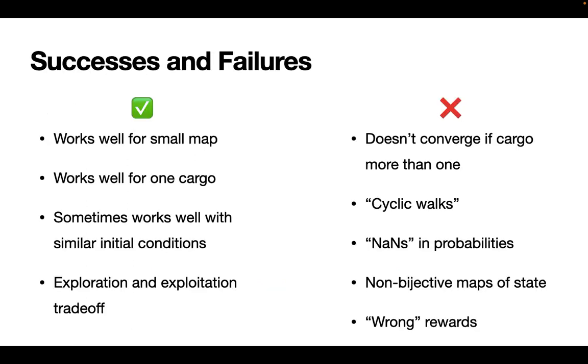In the process of solving the assignment, I faced several obstacles. Some of them I found a way to overcome, but some of them not. But what I can say is that it works well for a small map, for example, as I presented earlier. It works well for one cargo on those maps. Sometimes it also works well with similar initial conditions.